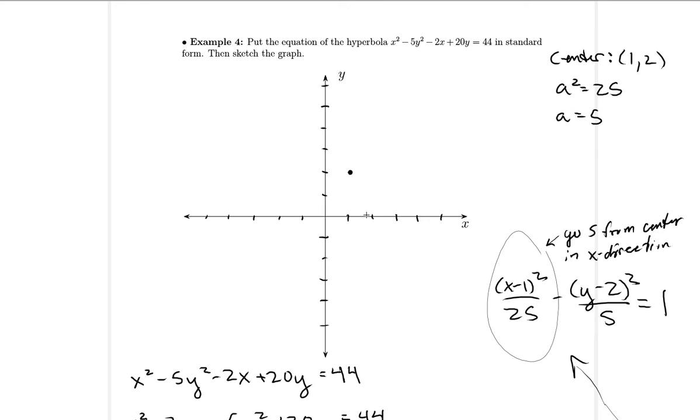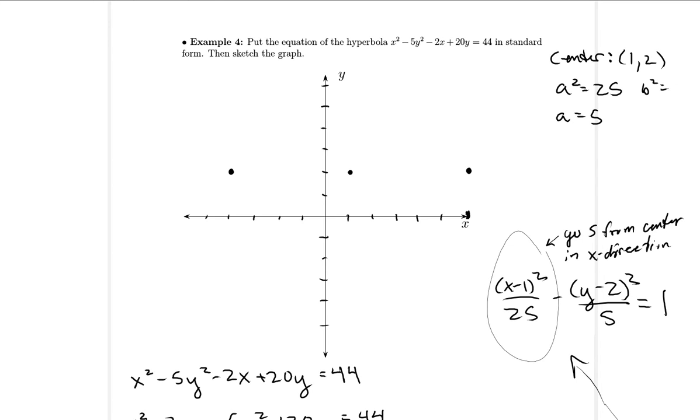So here, 1, 2, 3, 4, I guess we're going to need a 5 right there. And then 1, 2, 3, 4, 5. Right? Okay, so that's good.